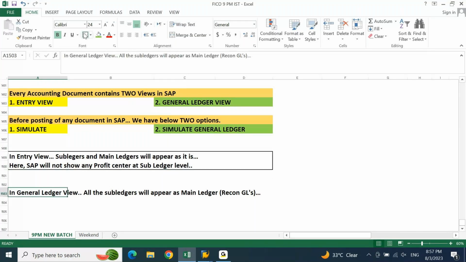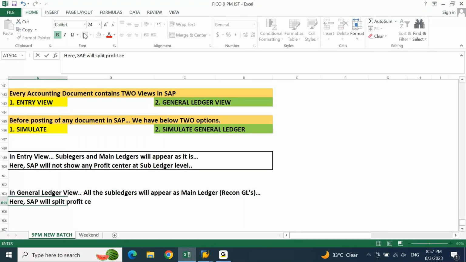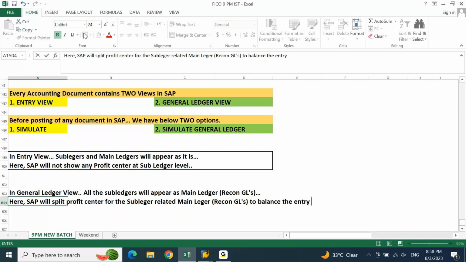Second point, here SAP will split the profit center for the subledger-related main ledger. In short, reconciliation, to balance the entry at profit center level.